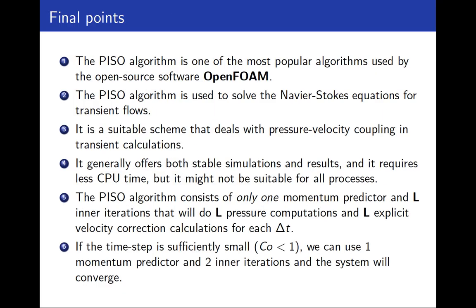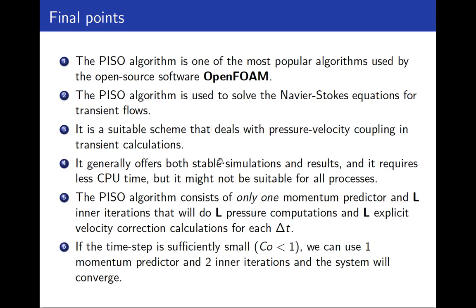So just final points I want to mention before concluding the talk. The PISO algorithm is one of the most popular algorithms used by the open source software OpenFOAM. This algorithm is used to solve the Navier-Stokes equations for transient flows.